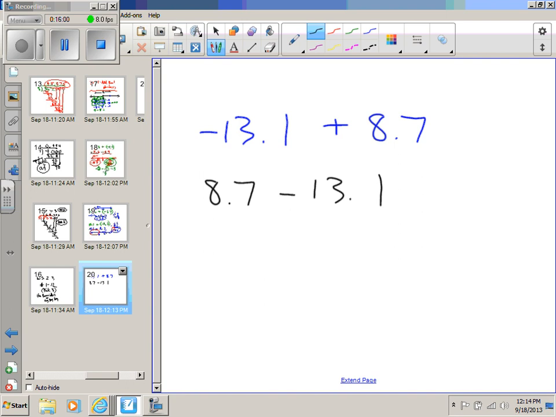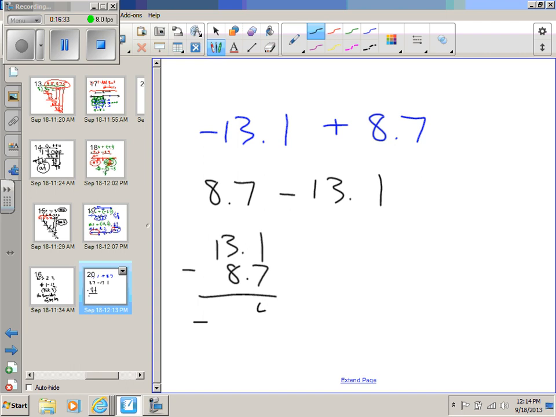Writing it that way, you didn't have to. It's your own preference. Should help you realize that you're going to get what kind of an answer? A negative. If you start with 8 and you take away 13, you're going to end up on the negative side. Now, how much on the negative side is the question? Well, what's the difference? Means I have to do what operation?